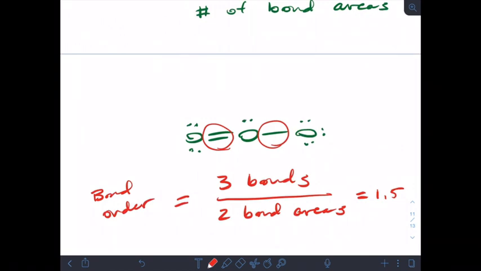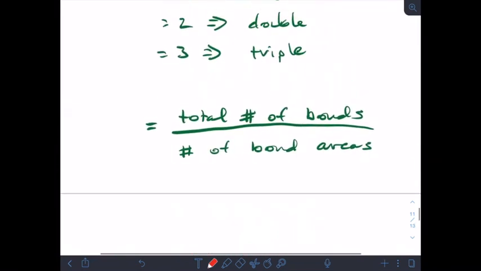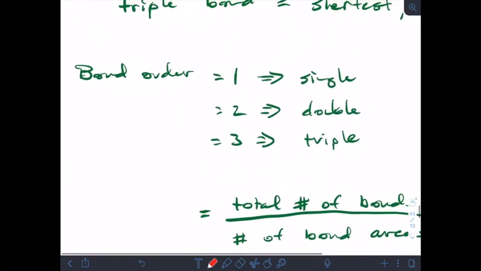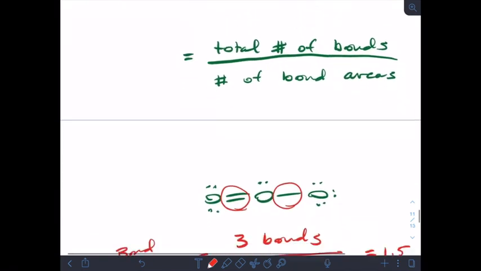Okay, so let's come back to our definition of bond order. If I've got bond order of 1 as a single and bond order of 2 as a double, then somewhere in between is a bond order of 1.5, right?